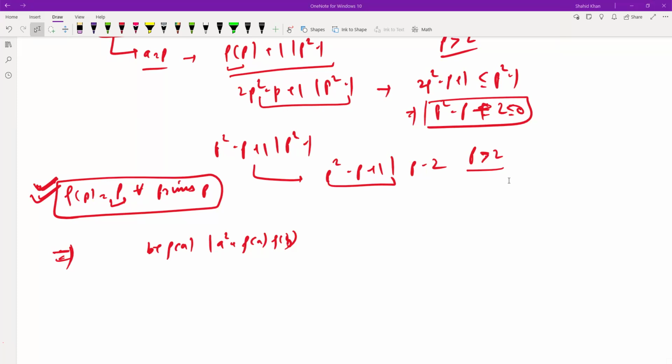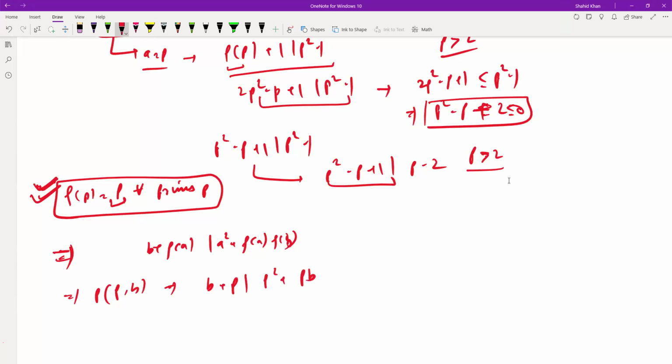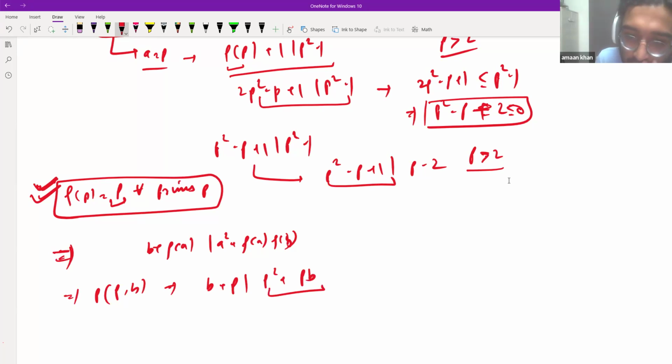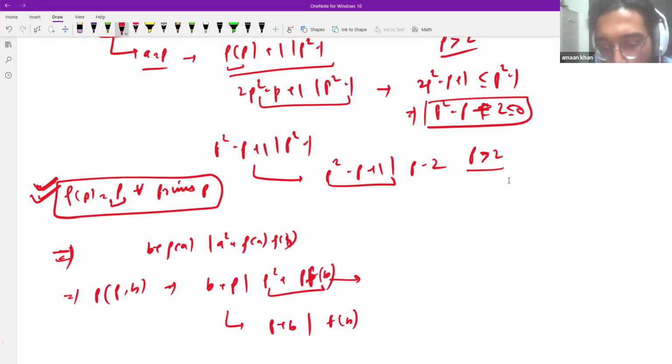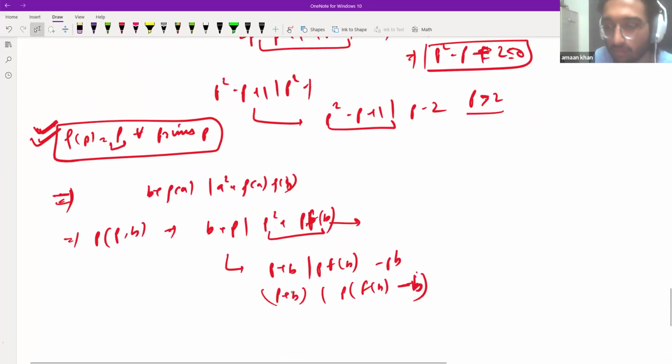From putting p comma b, we get p plus b divides p times p plus b. Yeah, but this doesn't give anything. Sorry, p square plus p f of b. Oh, this is my bad. Yes. Okay, so you get p plus b divides f of b times p minus pb, right? You get this: p plus b divides p times f of b minus b. You get this, right? Is this fine?